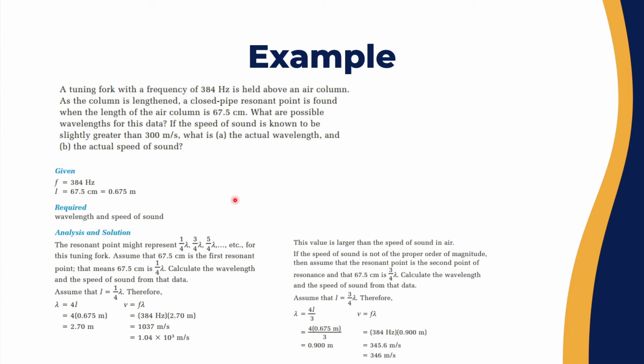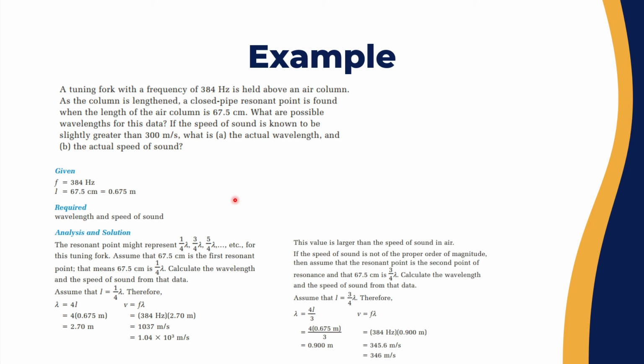We have the frequency and we have the length of the pipe in this case. Now we need to find the wavelength and speed of sound. We said the resonant point should be at either 1/4 of lambda, 3/4 of lambda, or 5/4, etc. for the tuning fork. We see that 67.5 centimeters is the first resonant point, so 67.5 centimeters is 1/4 of lambda.